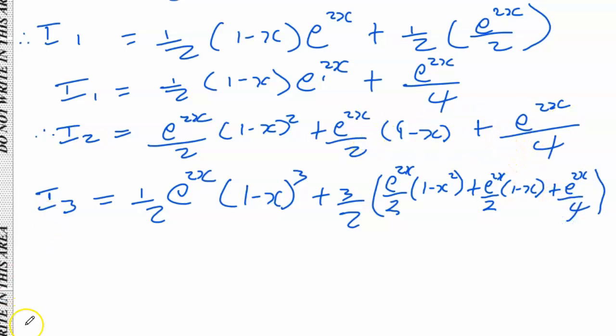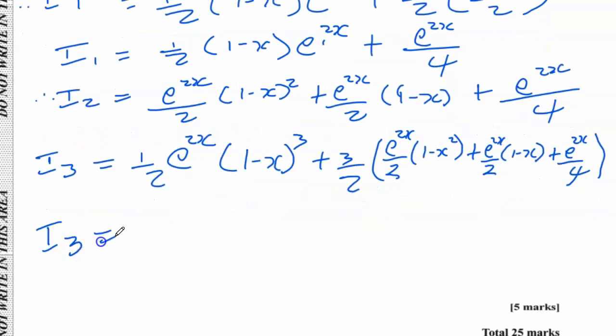Right, can we simplify that? Let's see. What we have here is half e to the 2x into 1 minus x cubed, plus, let's distribute this 3 over 2.